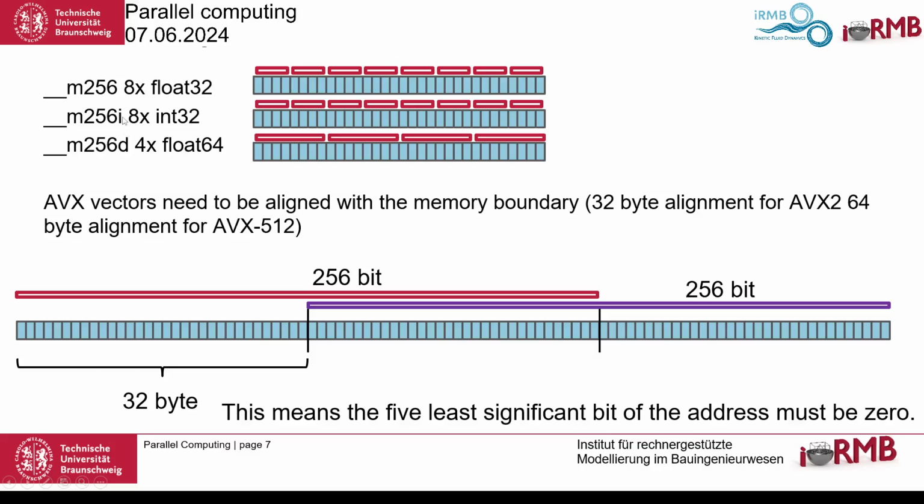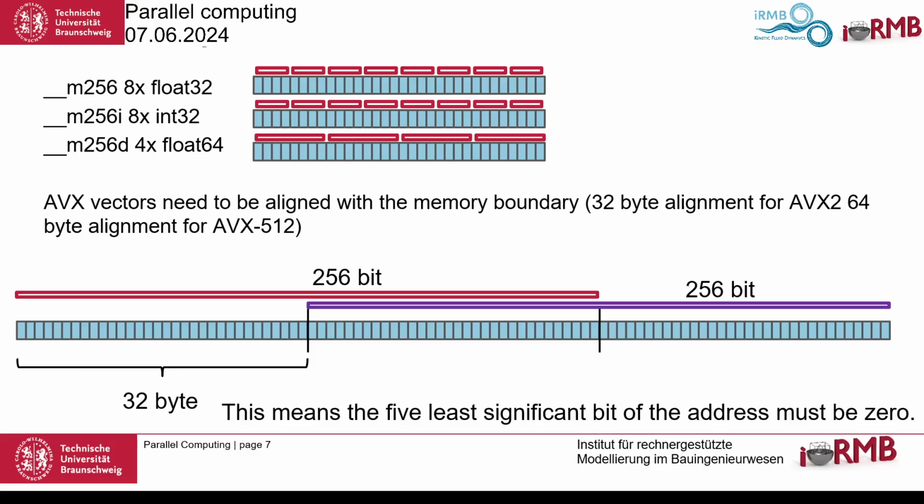If you put an i here, then you have 32-bit integer, and you can put a d for double. Then you have, of course, only 4 float 64, and then there may be other data types, for example, a shorter integer data type, short and char, which again would have the same number of bytes, but have a larger vector in principle.